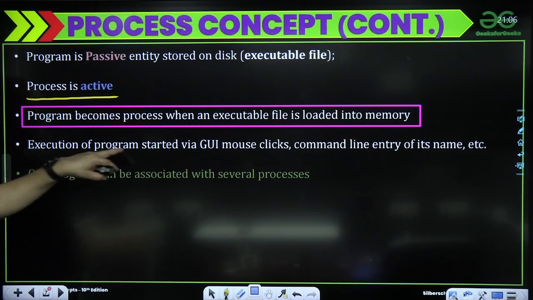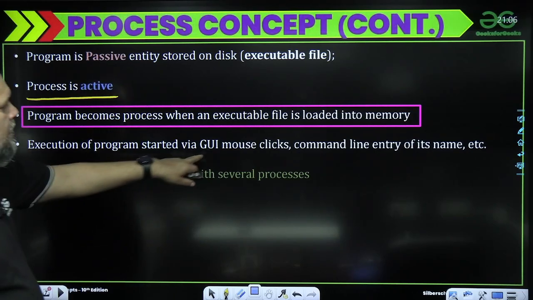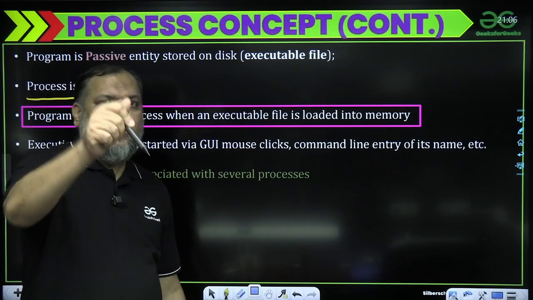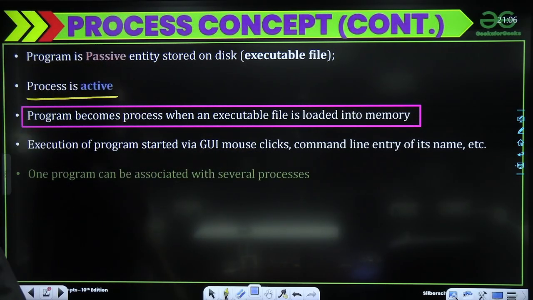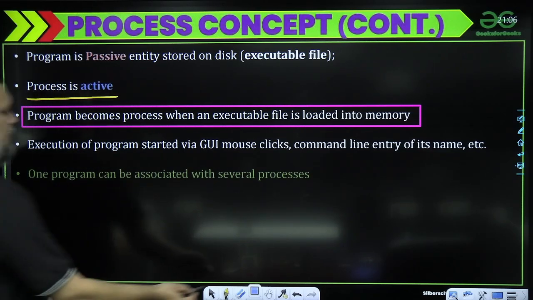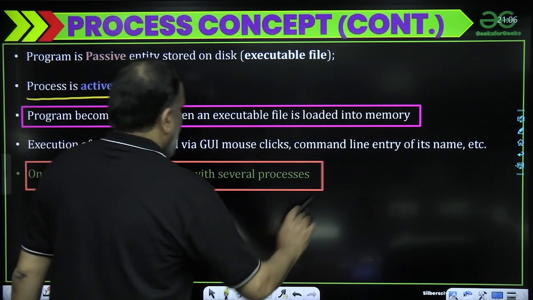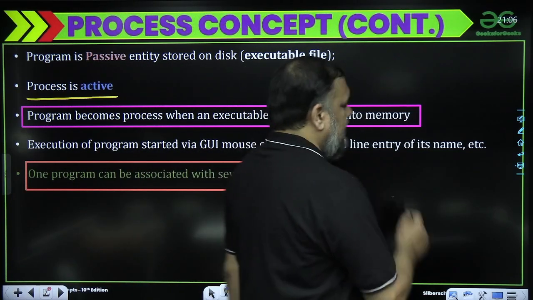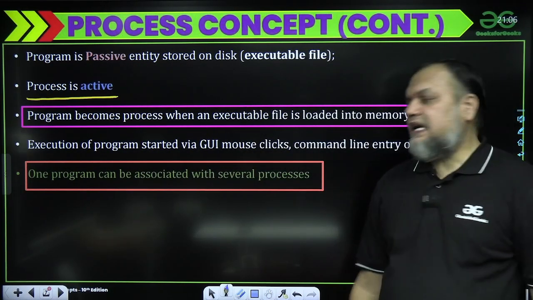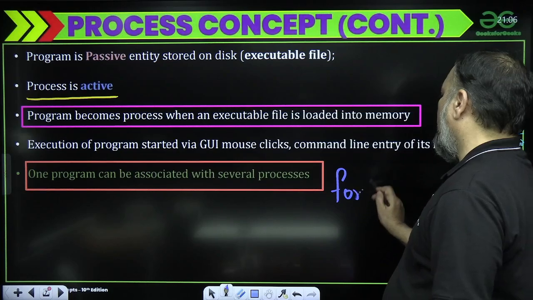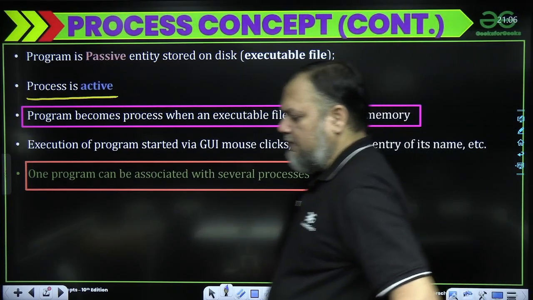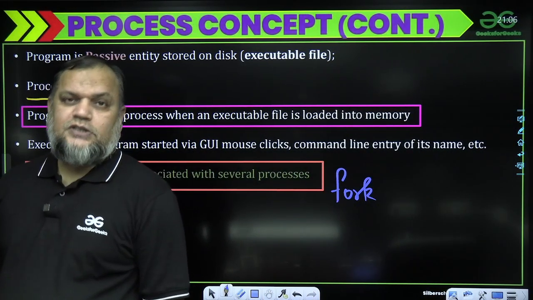The execution of the program can start by textual commands or maybe GUI mouse clicks. You click and then it starts execution. One program can be associated with several processes, very important point. Because it is an instance of a program, from one program I can create multiple processes using mechanisms like the fork system call. If I use fork system call in my program, I can create multiple processes.